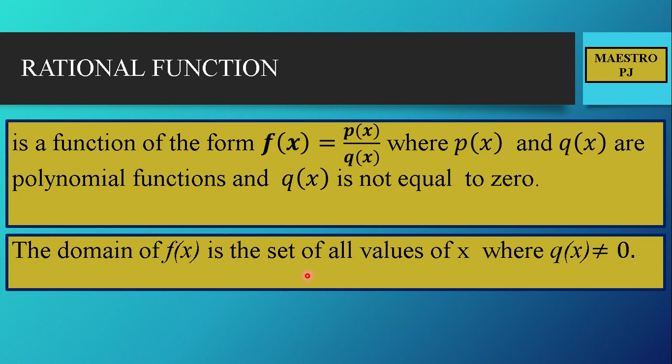Ibig sabihin yan, yung domain ng f of x ay set of all values of x where q of x is not equal to 0. So ito yung basic concept na dapat niyong tandaan every time na magre-represent kayo ng rational functions in real life situation. So, let's have an example.